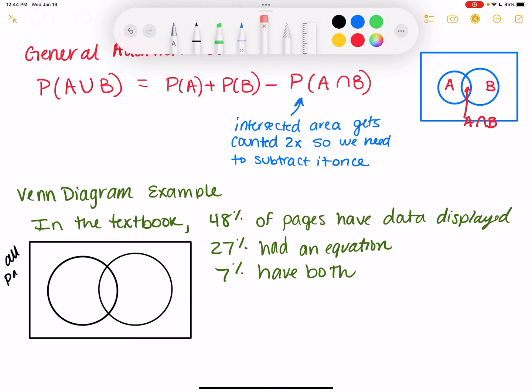All right, so that's all pages. 1 circle is going to represent data. And I'm going to use different colors just to help see. The other one is going to be for equations. And then the middle area here is going to be for both.